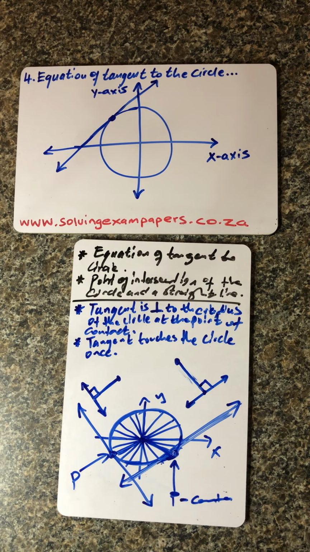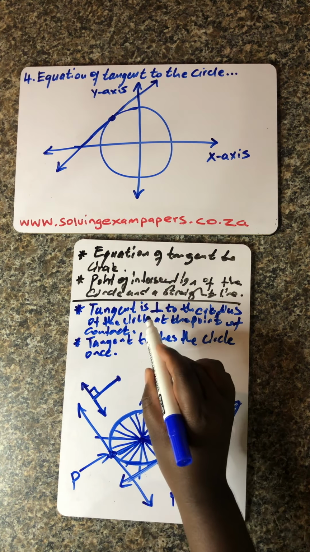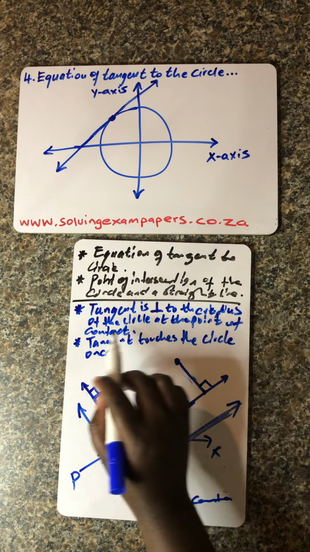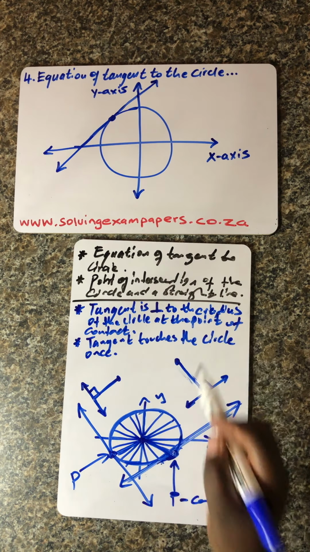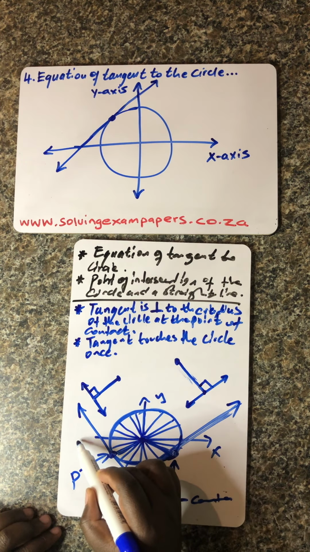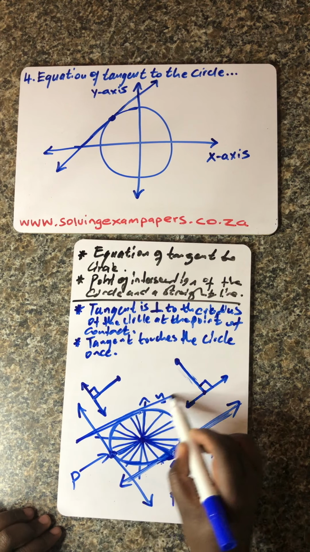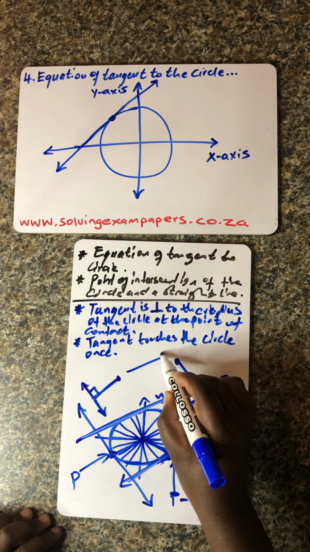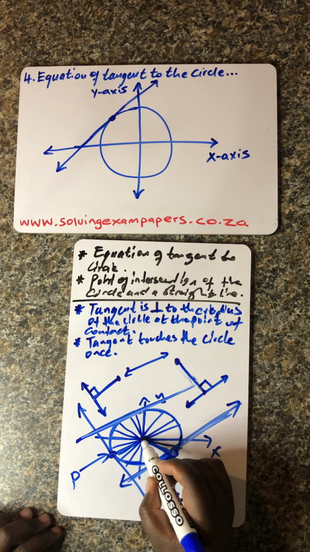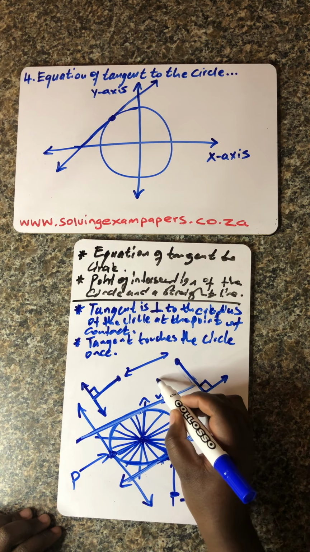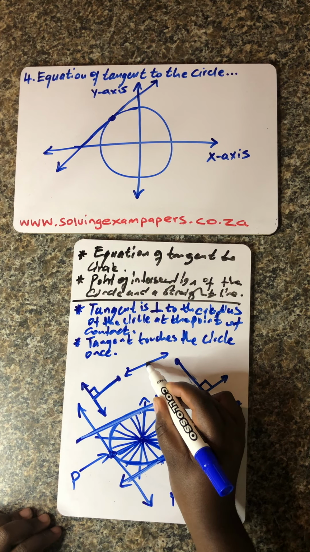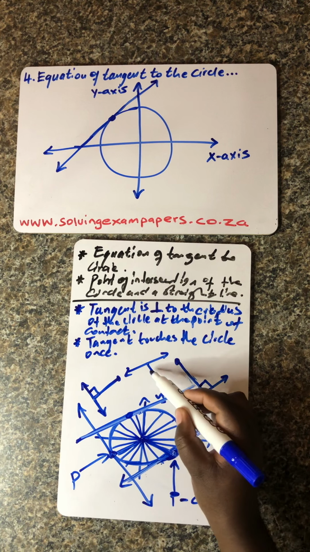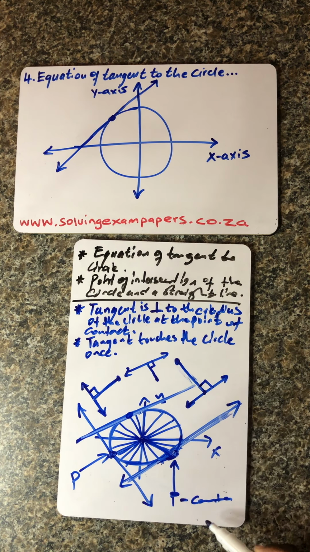That's why we say the tangent is perpendicular to the radius of the circle at the point of contact. What about a straight line in that direction? The same applies. We've got that straight line, and then we've got the center somewhere there, and a radius from the center to the point of contact, which is that point. So it also forms a right angle.